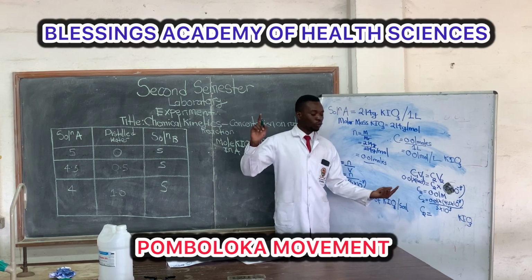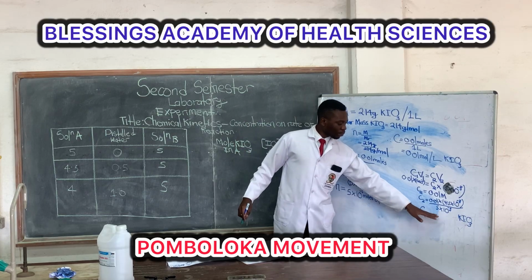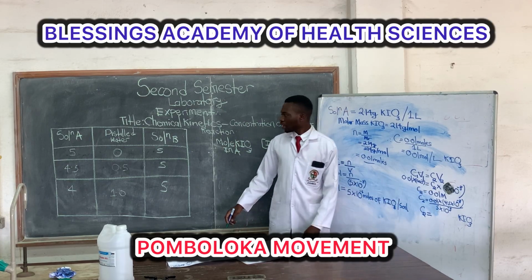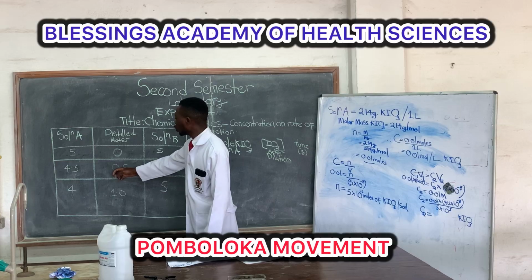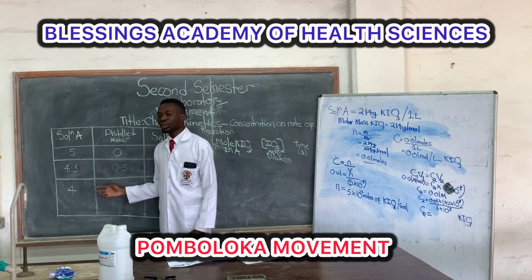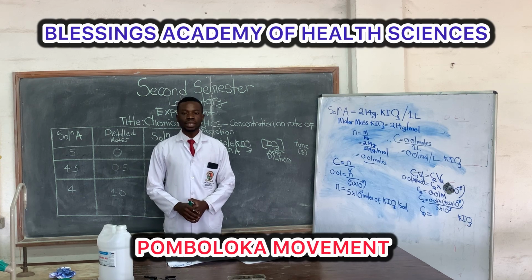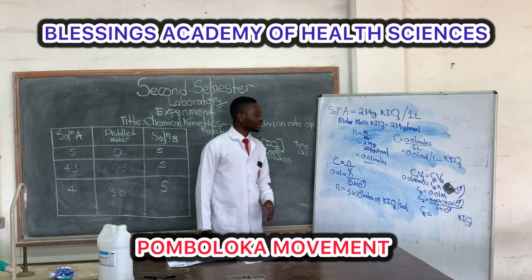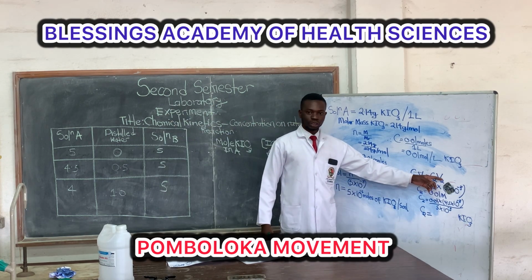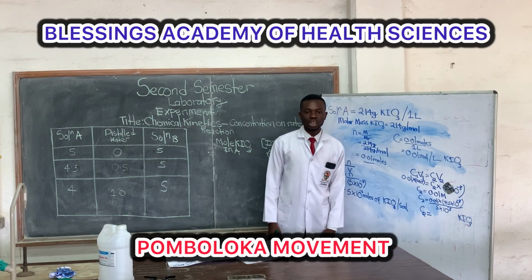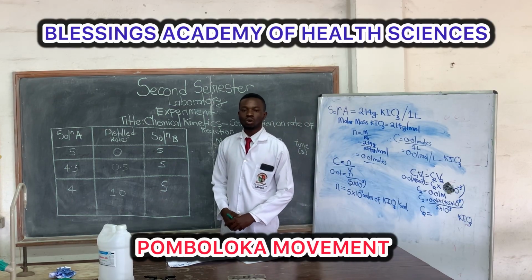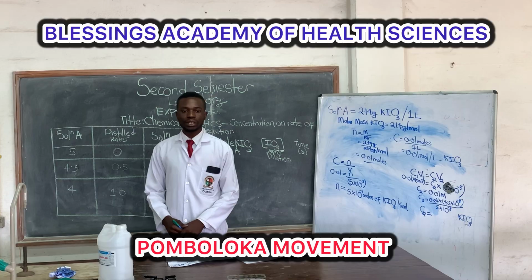Then we're using a volume of 4.5. And when you find out the final volume here, this is 0.5 plus 4.5, which is going to give us a total volume of 5 mils. That becomes the volume 2.